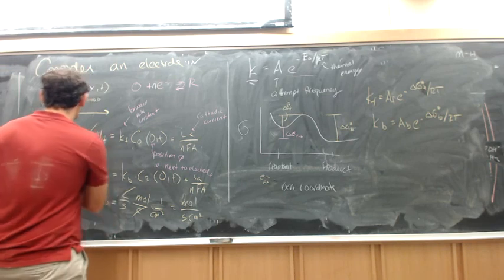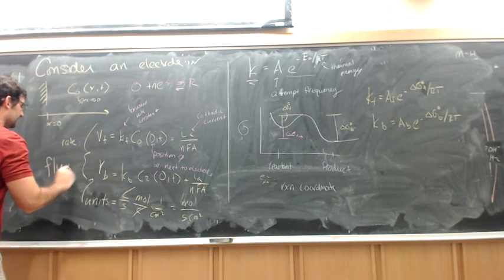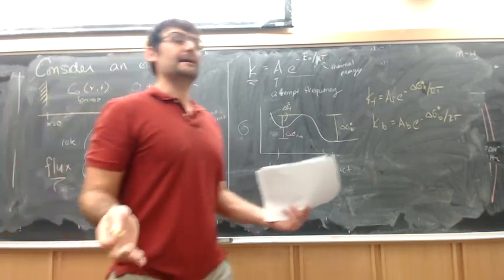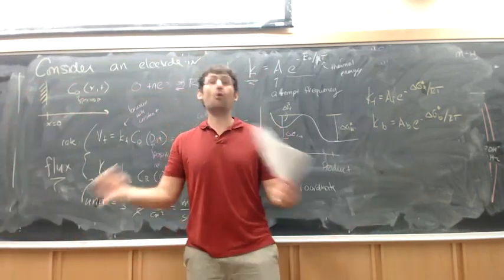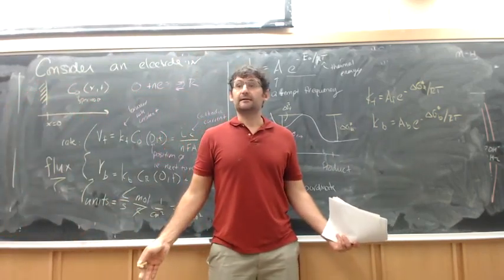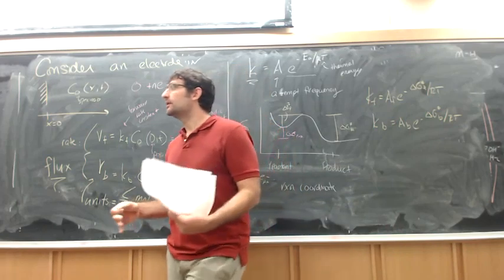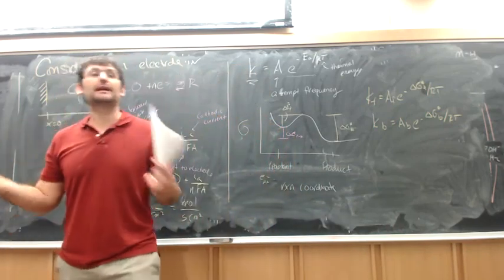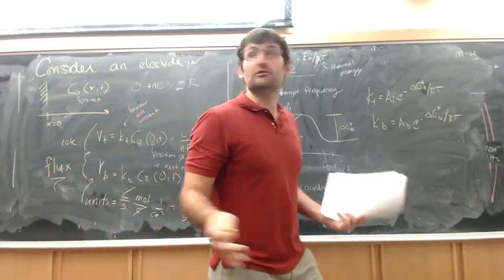So rates of reaction in homogeneous chemistry are usually molar per second, like if you mix A and B together in solution. But because we're doing reactions at electrode surfaces, we write the reaction rates typically as a flux. It scales with the electrode area.